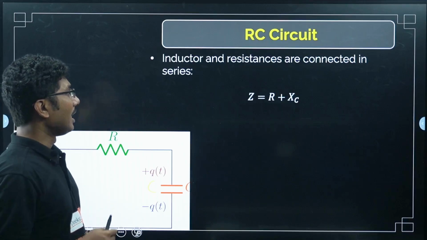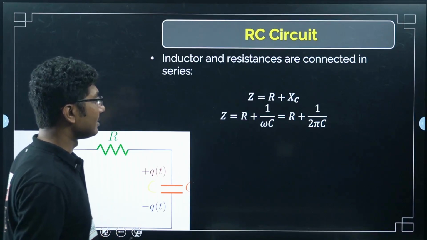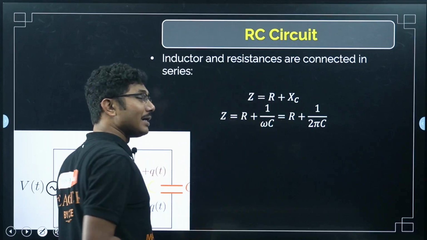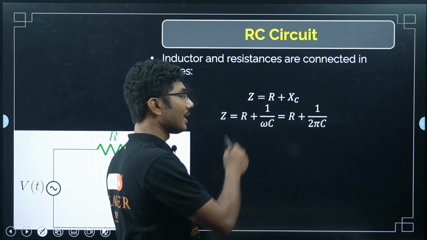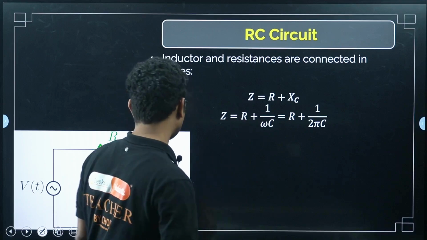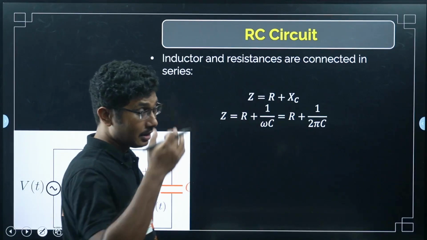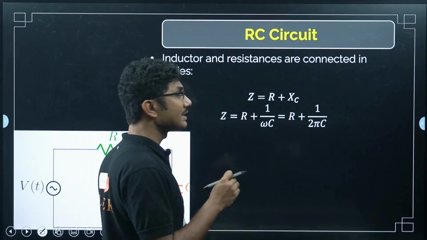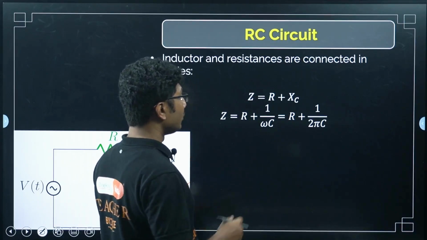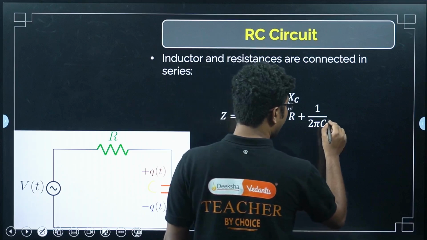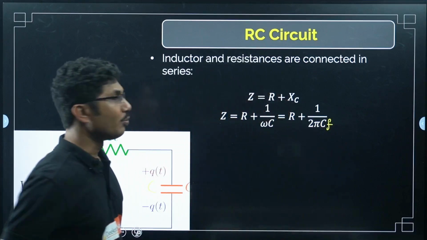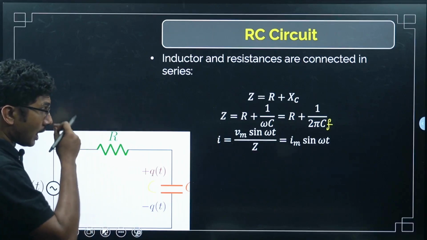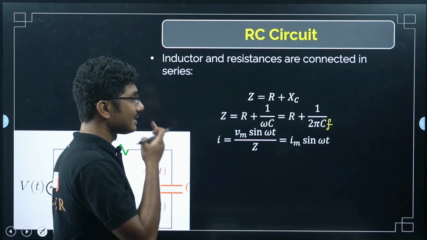Similarly, if we construct the expression, we can see that instead of omega L, here we have to write 1 by omega C. Omega C is the capacitance, sorry, we have already told you this. We call the term 1 by omega C the capacitive reactance. Similarly here there will be an f, so 1 by 2 pi f C is also sometimes used. We will see that now. Similarly we can find the current in this case, right?